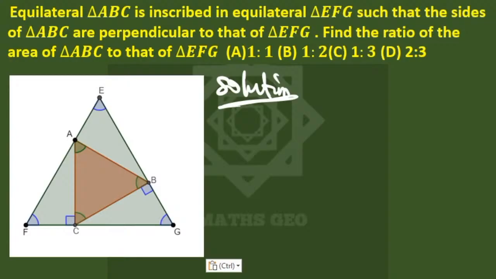Let's add some. So the information given is the same as this, and the two are equilateral triangles, meaning interior angles are 60. Each of them is 60 degrees. This is also 60.